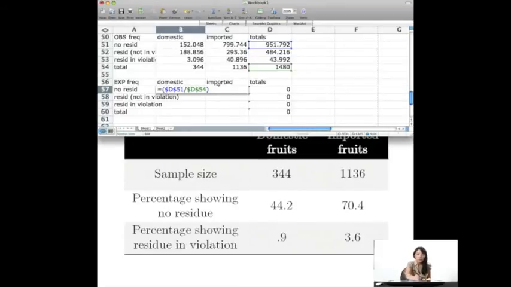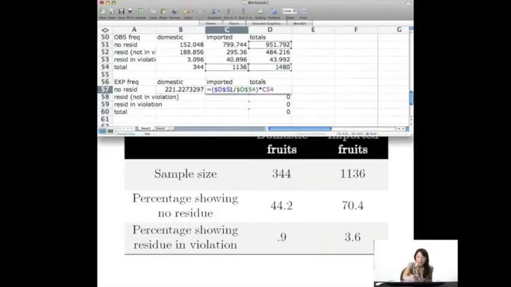We want to lock those two values down because that's always going to be the rate for no residue, times the actual number of domestic fruits. All right, so we get 221.